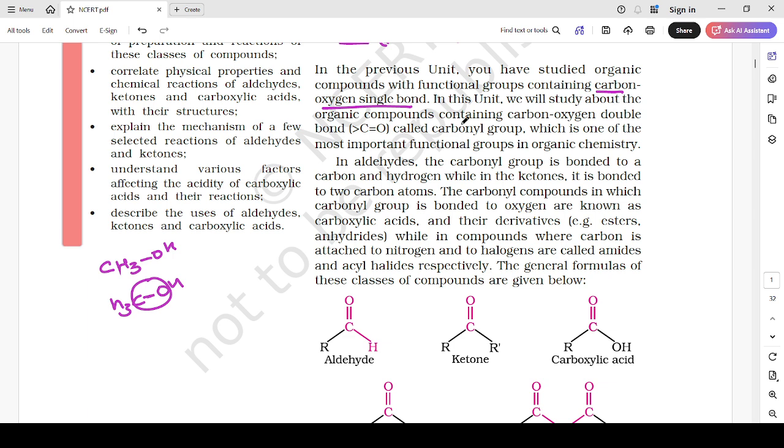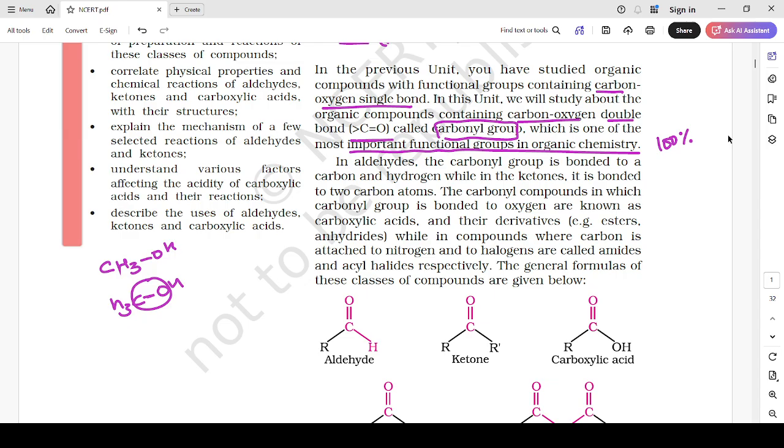In this unit, we will study organic compounds containing a carbon-oxygen double bond. This group is called the carbonyl group, which is one of the most important functional groups in organic chemistry. Most of the products that we are using are either synthesized using carbonyl compounds or the carbonyl compound itself is being used.